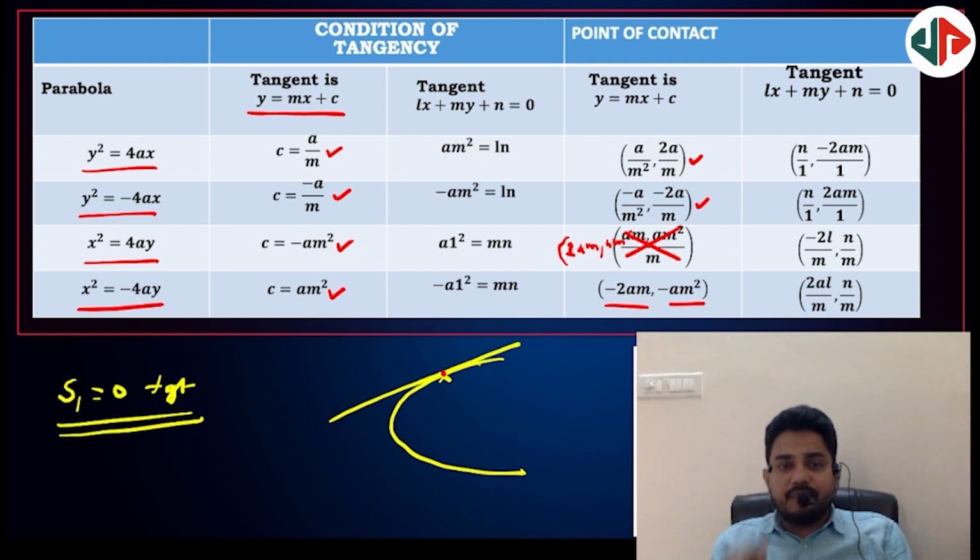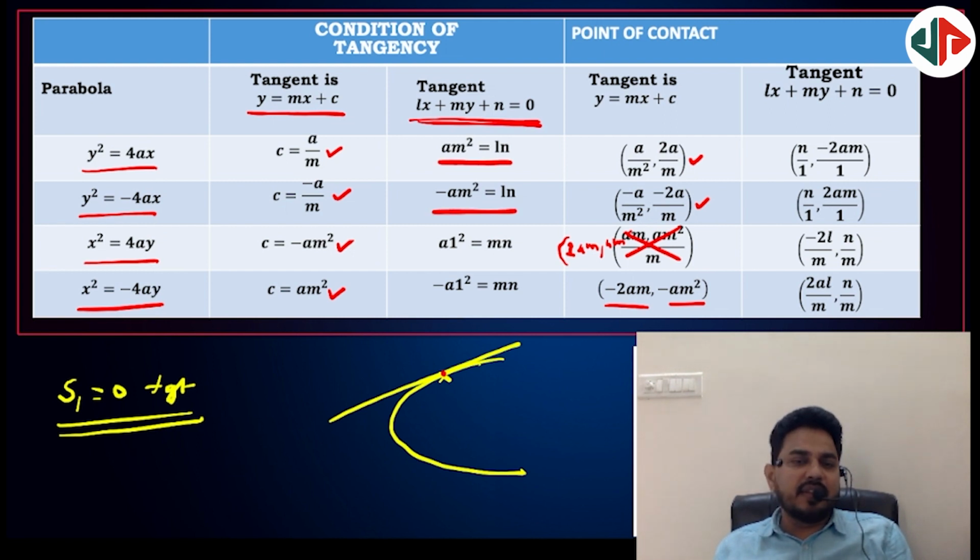Next, if lx plus my plus n is equal to 0 is the tangent of this particular form, then the conditions are a m square is equal to l n; minus a m square is equal to l n; a l square is equal to m n; minus a l square is equal to m n.